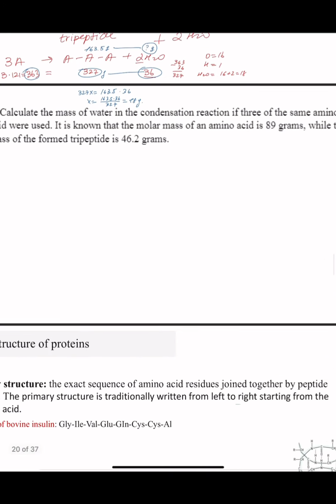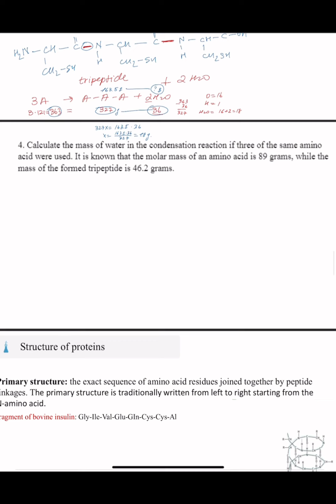Now, again, we're going to do a worksheet question. It says calculate the mass of water in a condensation reaction if 3 of the same amino acid were used. It's known that the molar mass of the amino acid is 89 grams, while the mass of the formed tripeptide is 46.2 grams.